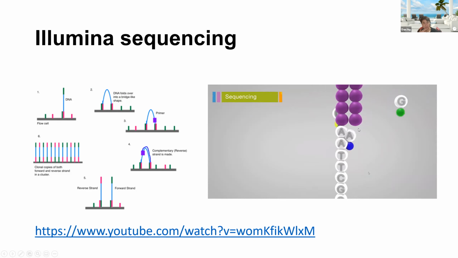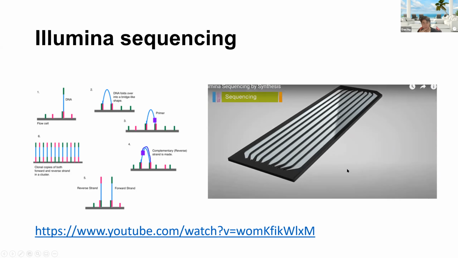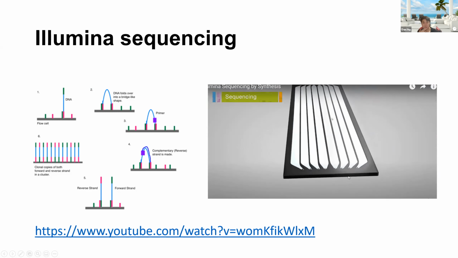What actually happens is that DNA gets synthesized with fluorescently labeled nucleotides. So this sequencing technology is called sequencing by synthesis. Since the nucleotide is attached with a fluorescent label, it emits light in different colors depending on whichever base gets attached.